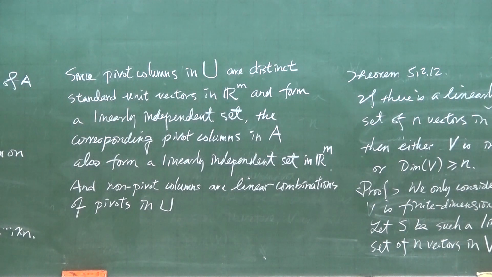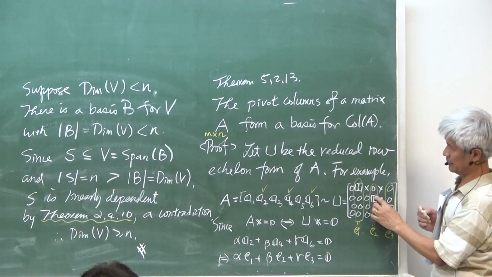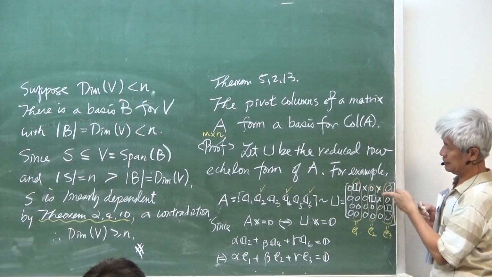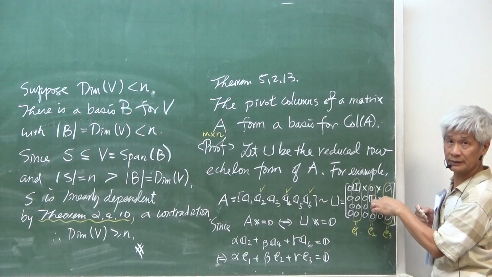You can see non-pivot columns must be a linear combination of the pivot columns. Why? For example, this all zero, no problem, right? It's a trivial linear combination of E1, E2, E3. How about this one? This one has only possible non-zero entries, so this one is a linear combination of E1. Okay? How about these two? These two arbitrary entries is a linear combination of this one and this one, because they can find the pivot there. The others must be zero.